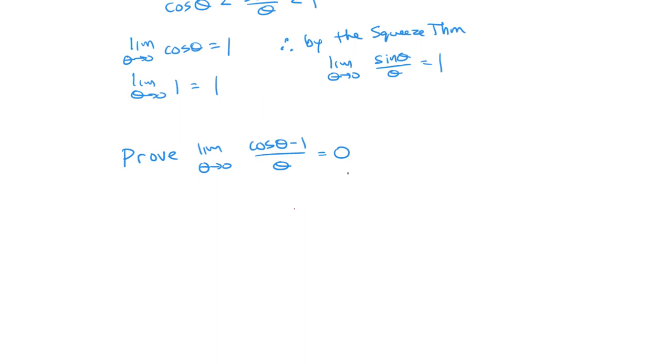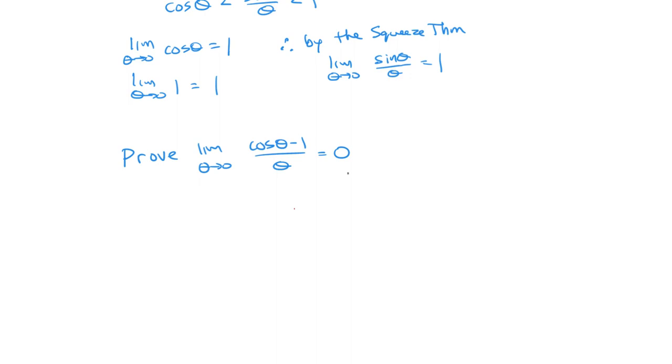We're going to do something sort of like what we've seen before. If you remember in section 2.3, we'd have proofs like this where when I plug in 0, I get cosine of 0, which is 1, minus 1, which is 0 over 0. And then we had some techniques we would go through, and this one is going to look a little bit like that.